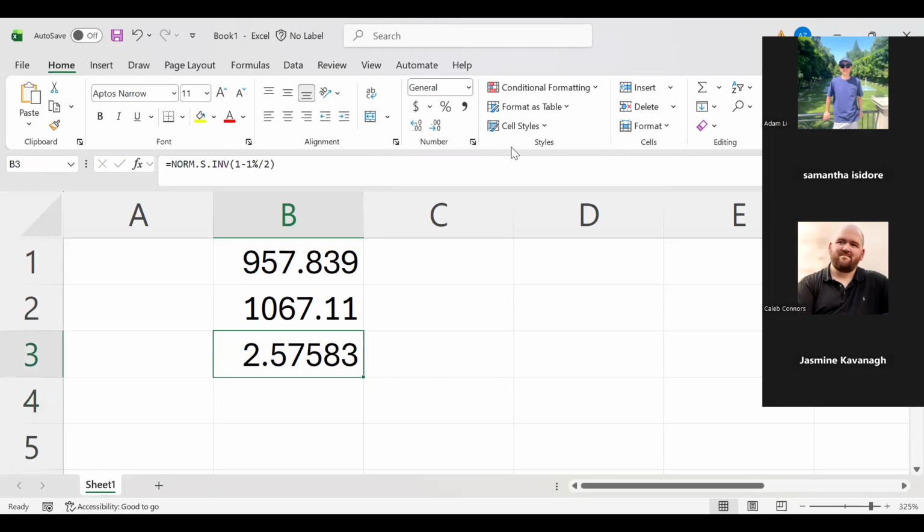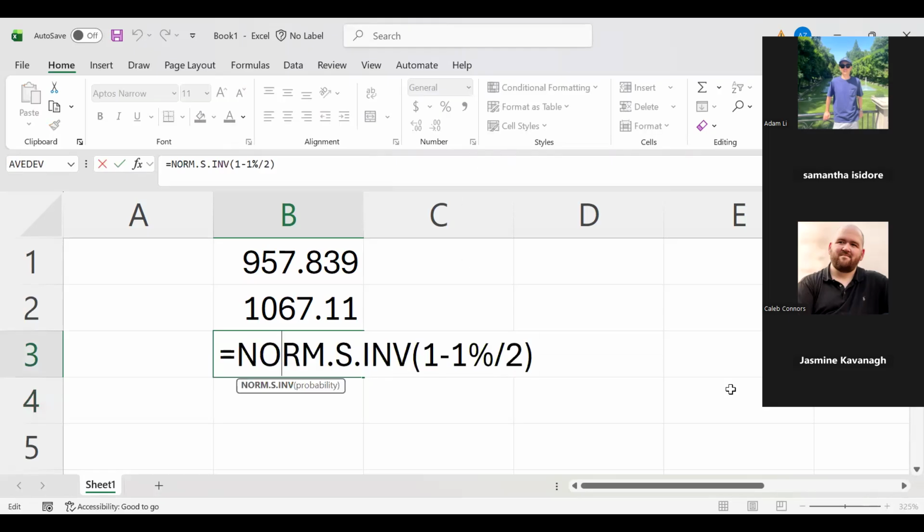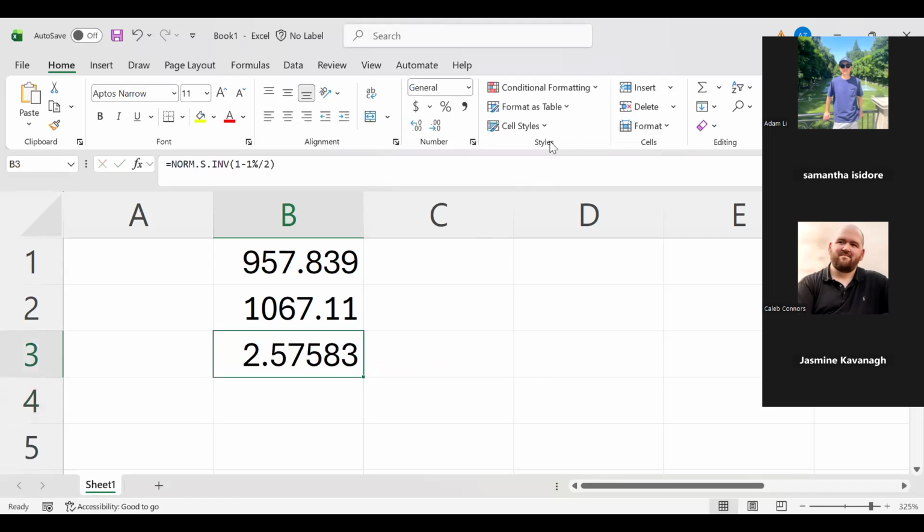Out of curiosity, because I did this in Excel, my husband taught me how to do this yesterday. Why does the Z-score round up in Excel versus what it actually is? Oh, Excel usually gives us as many decimals as possible.